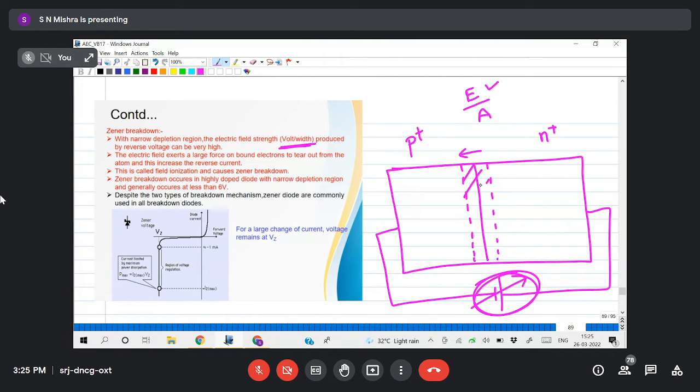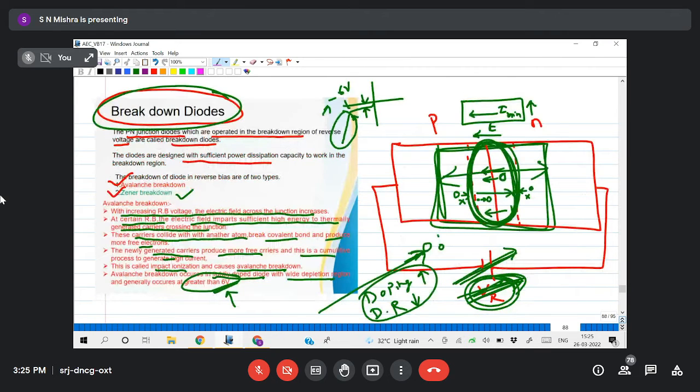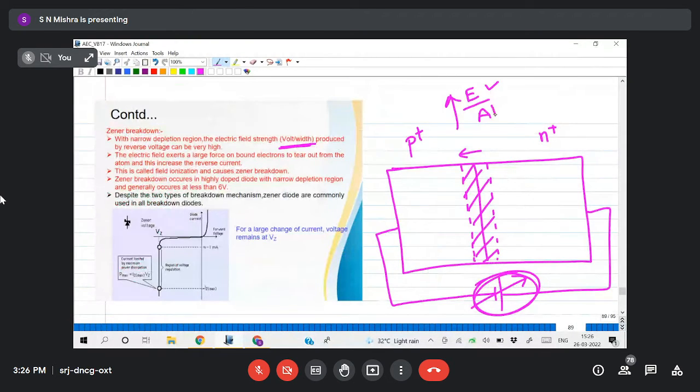Because the depletion region is narrow, the width is less, so the electric field strength will increase very high compared to the previous case. In the previous case, the depletion region is wider, so the generated electric field is distributed over a larger width, so it will be lower. But in this case, the depletion region is narrow, so the field strength is very high.